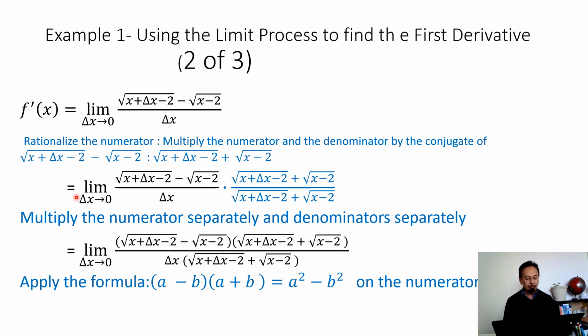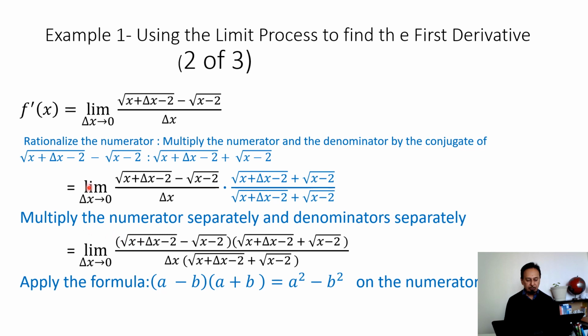So now we have this one, limit delta x approaches 0, the square root of x plus delta x minus 2 minus square root of x minus 2 over delta x. So I multiply by the square root of x plus delta x minus 2 plus the square root of x minus 2 over the square root of x plus delta x minus 2 plus the square root of x minus 2. So now we can multiply these together and we can multiply these together.